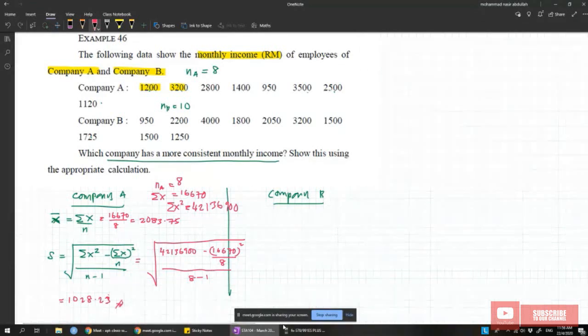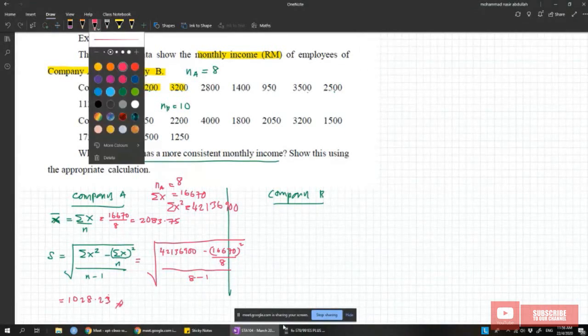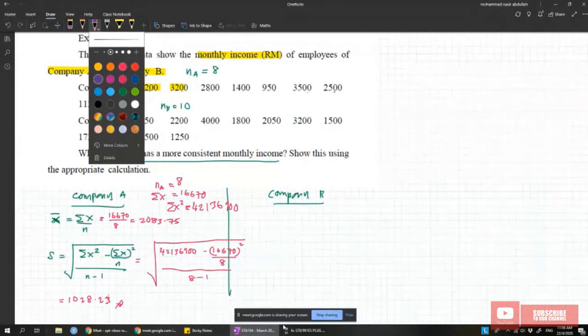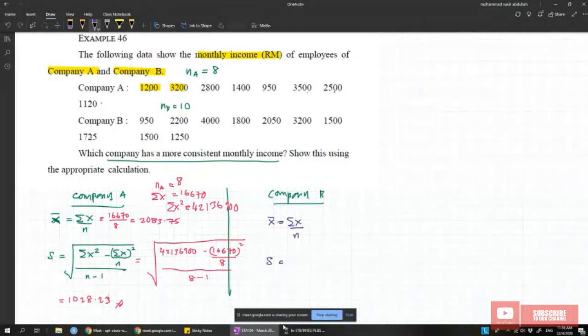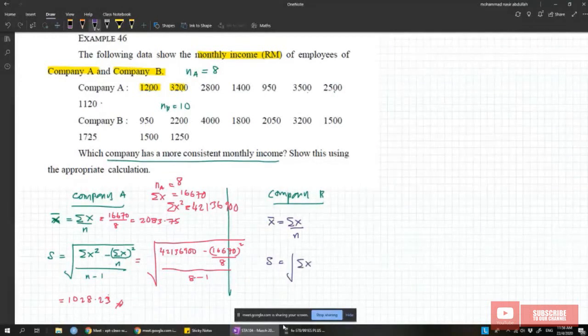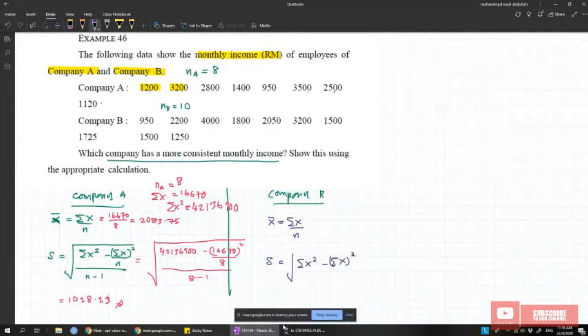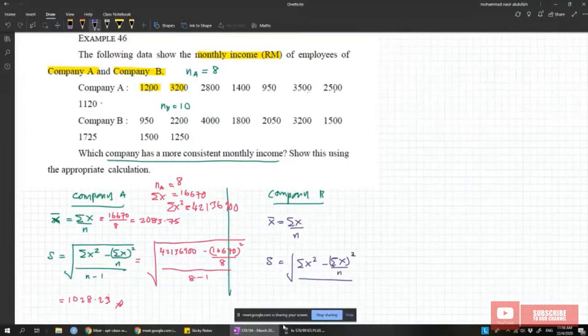We are going to repeat the same steps for company B. So x bar equal to summation of x divided by n. S is equal to the square root of summation of x square minus summation of x squared divided by n, everything divided by n minus 1.